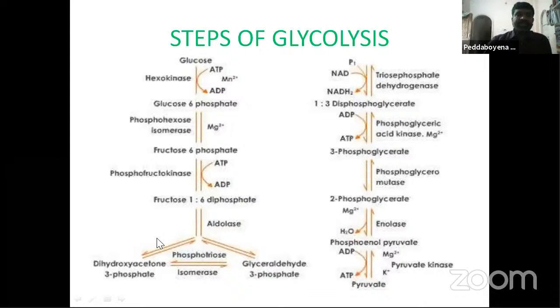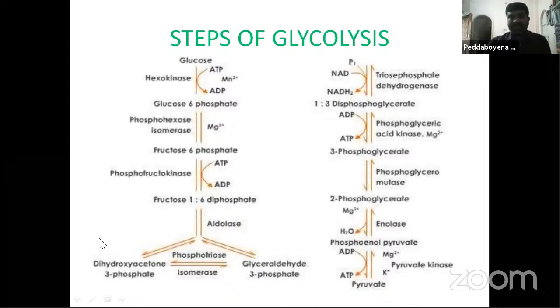Next, DHAP undergoes isomerization, and this 3-carbon compound is converted into glyceraldehyde 3-phosphate. Clearly observe that one glyceraldehyde 3-phosphate is already formed, and then the dihydroxyacetone phosphate is also converted into glyceraldehyde 3-phosphate in an isomerization reaction in the presence of the phosphotriose isomerase enzyme.